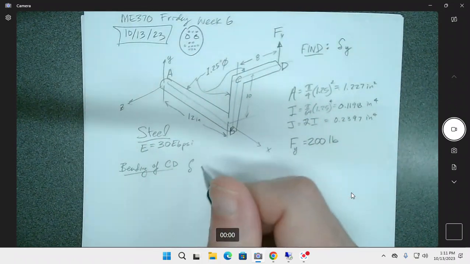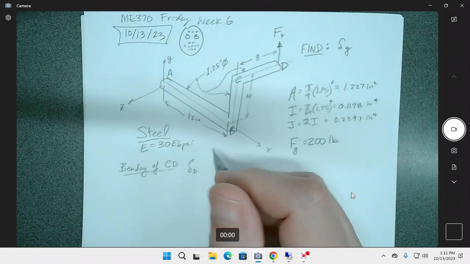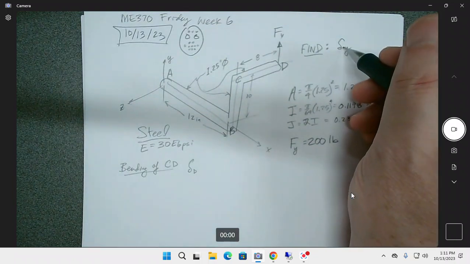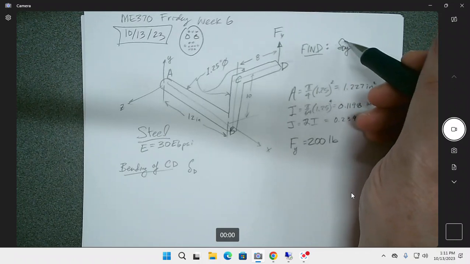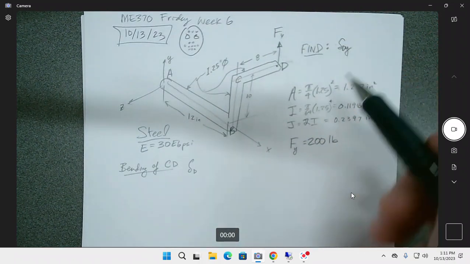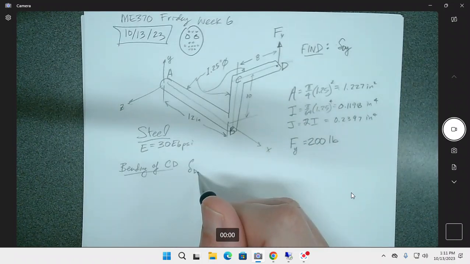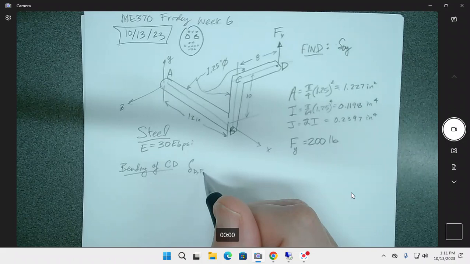So the deformation of D, and we're trying to find, by the way, del y at D. The deformation of D due to Fy.